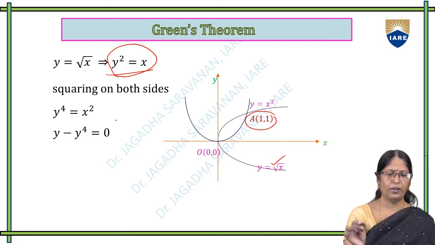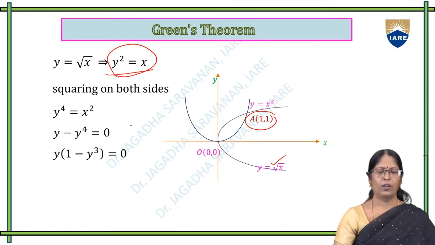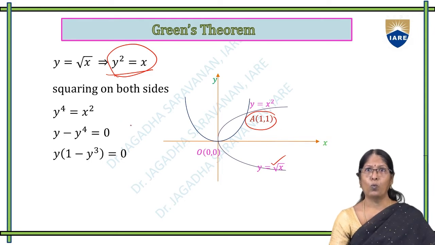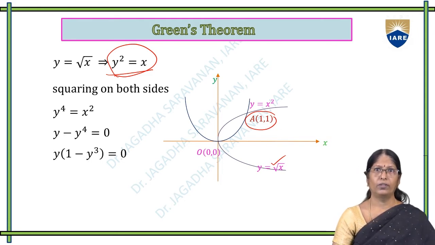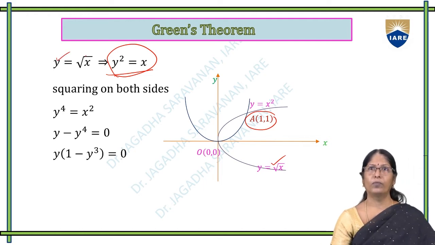So we can see here, y minus y power 4, that is what we have taken here.